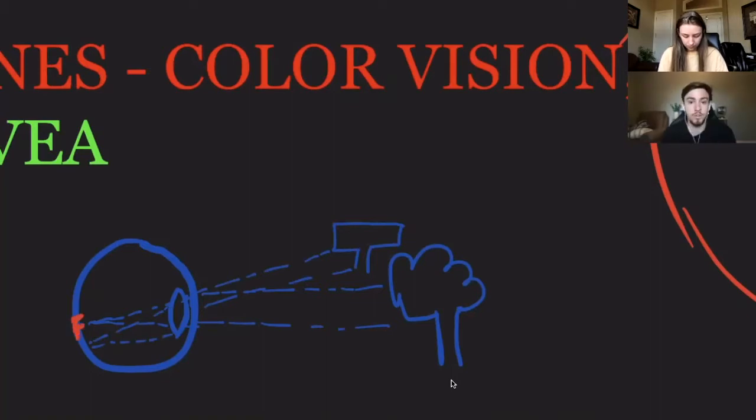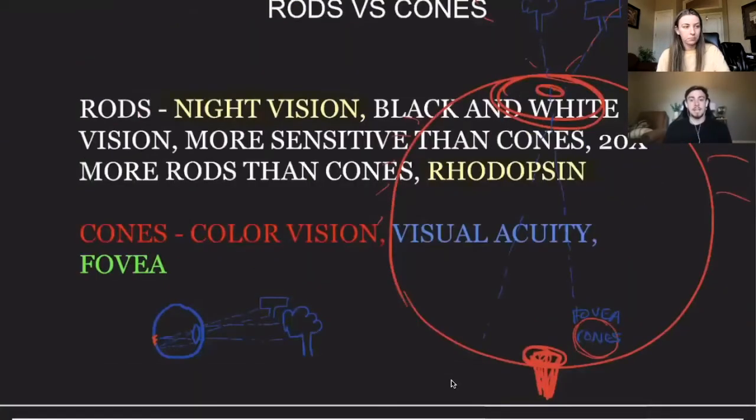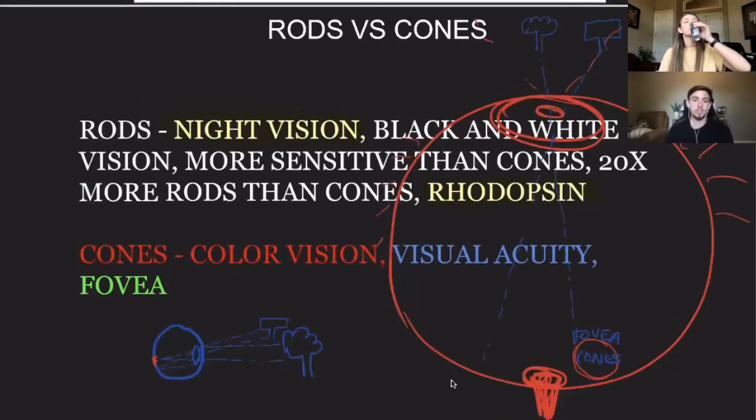Maggie went over this, and I've actually seen this question on the MCAT before, so that's why I take the time to bring it up. If you are in the dark or in a low light situation and you need to see something, oftentimes you'll hear advice to not look directly at it, to look off of it a little bit, and it'll help you to actually see whether that thing is present or absent.